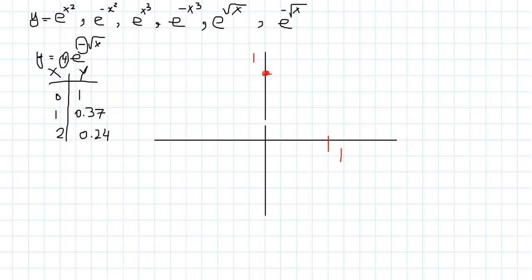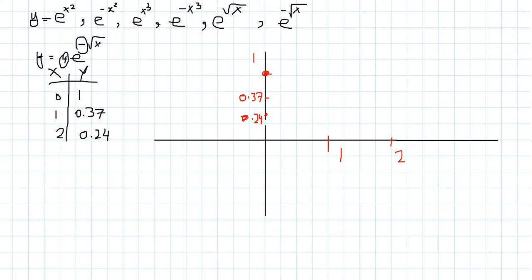If x is 1, y is 0.37, and after that is 0.24. Let's continue my graph because I need x equals 2.